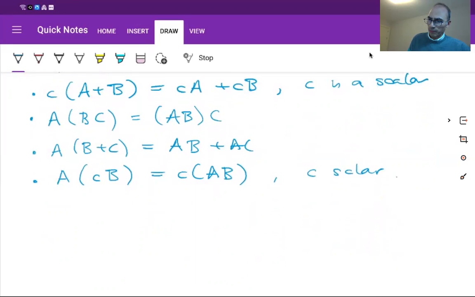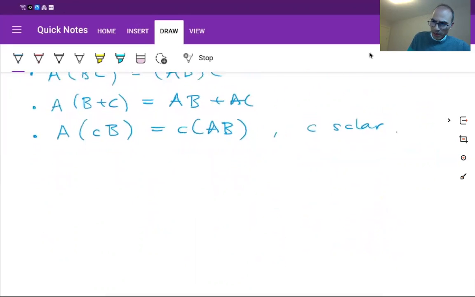Okay, so now we'll talk about invertibility and determinants.